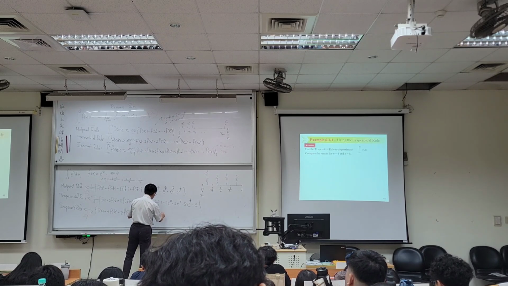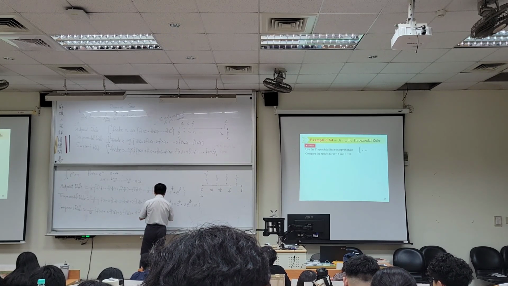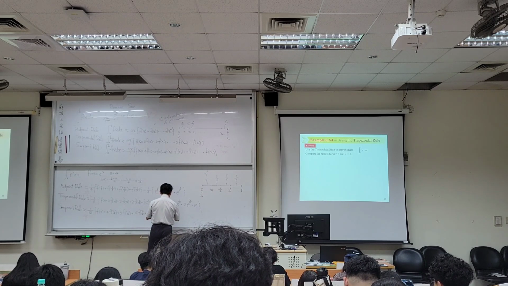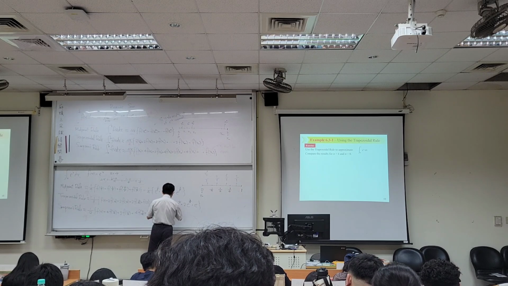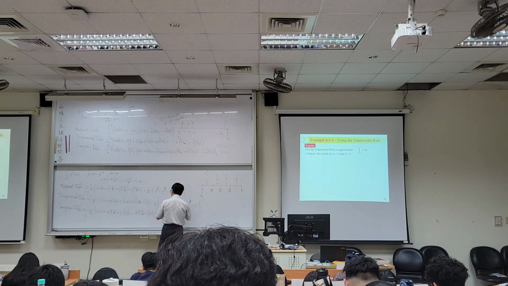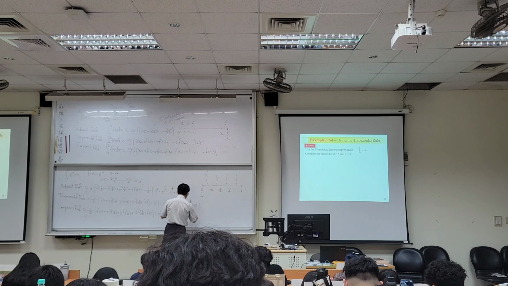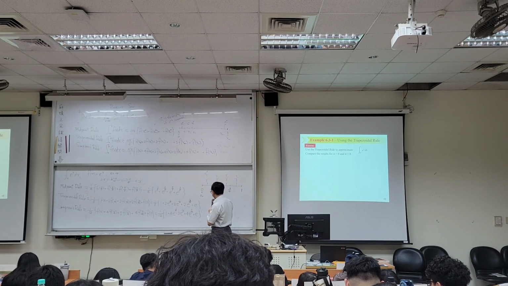So it's equal to 1 divided by 12, times 1 plus 4 multiplied by e to the 1/4 plus 2 e to the 1/2 plus 4 multiplied by e to the 3/4 plus e. Okay, that's the answer.